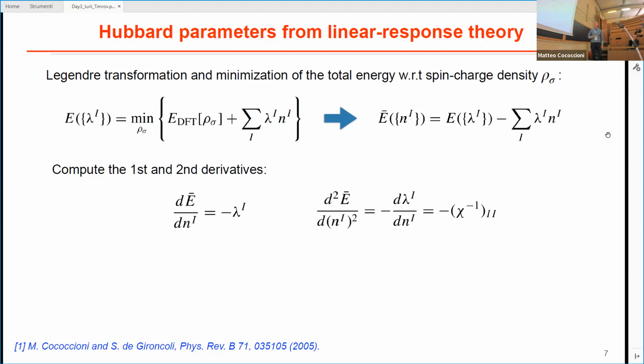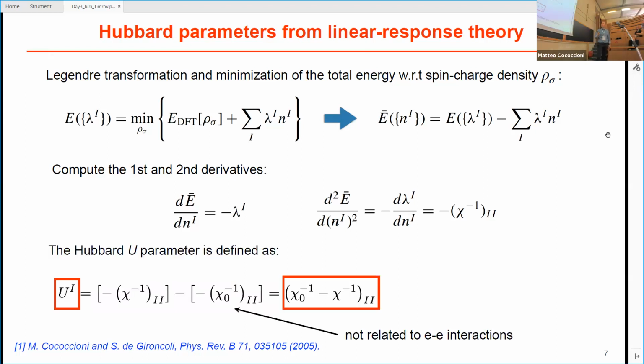So chi is called the susceptibility or response matrix. And then we can define our U as this object, minus chi to the power minus 1. And here we do some ansatz. We subtract another term, which is similar to the first one. So what is this?